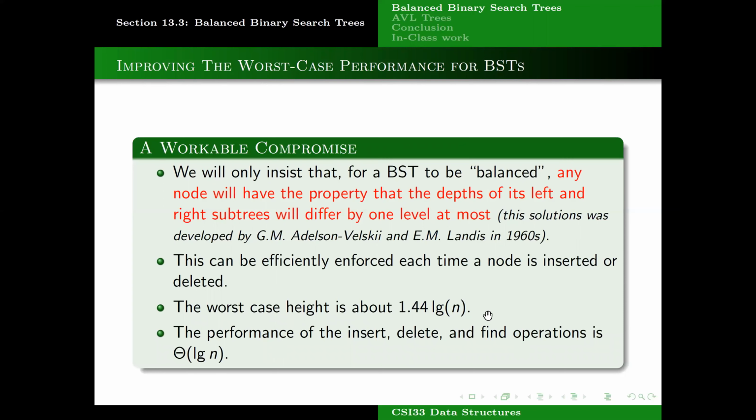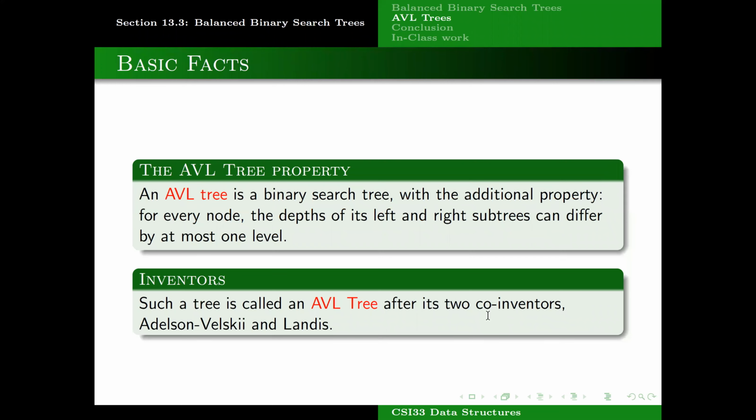The book gives a little more comments about it, but that's basically it. So the performance of the insertion, deletion, and find operations is back to guaranteed theta of log n time, which is quite good. We do like that logarithmic time.